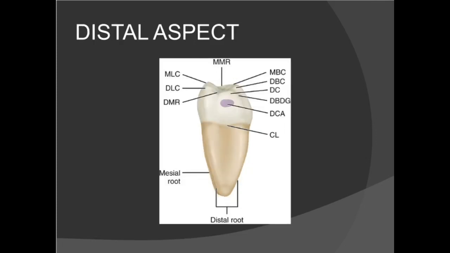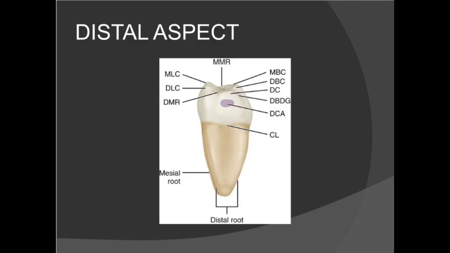Now the distal aspect. From the distal aspect, in the crown portion, we can see all the 5 cusps, that are the mesiobuccal cusp, distobuccal cusp, the distal cusp, distolingual cusp, and the mesiolingual cusp. The distal cusp here is more buccally placed than the center portion.